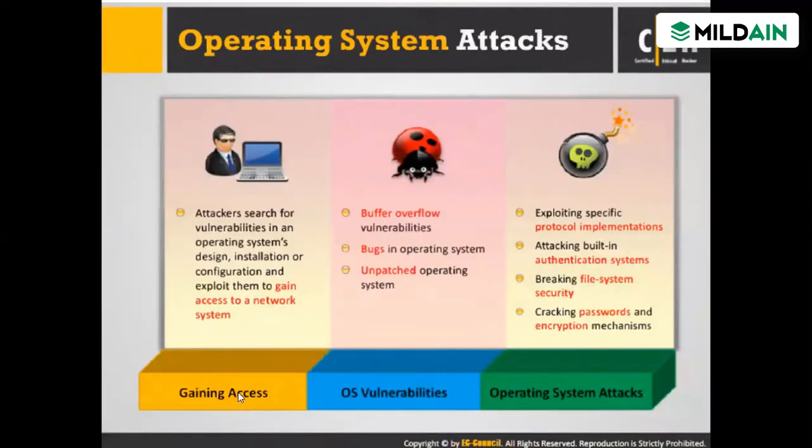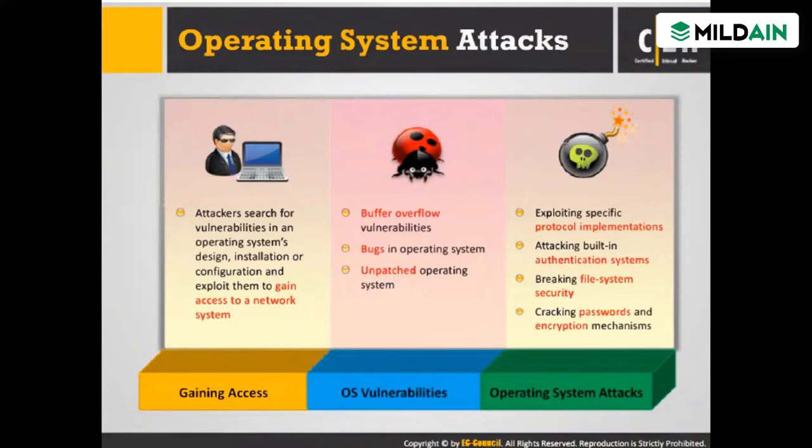Okay, so let's talk about the operating system attacks. As I mentioned earlier, the hackers are first trying to gain access. Second, they use operating system vulnerabilities. And third, they launch an attack. First, they will try to find the flaws in the system vulnerability, and gain access, because of vulnerabilities in the operating system or because of an unpatched operating system.